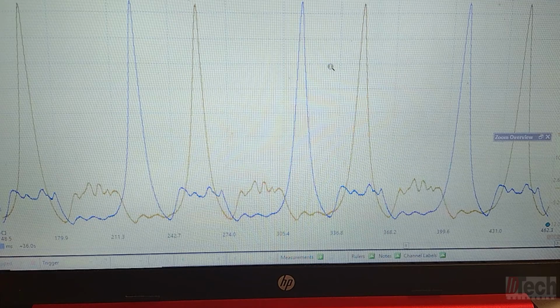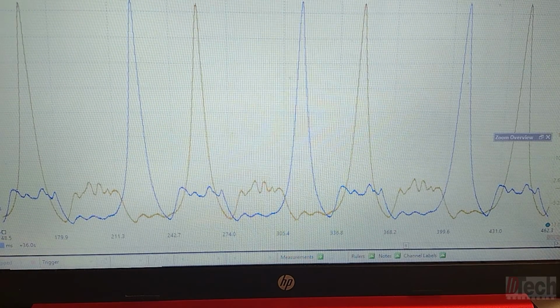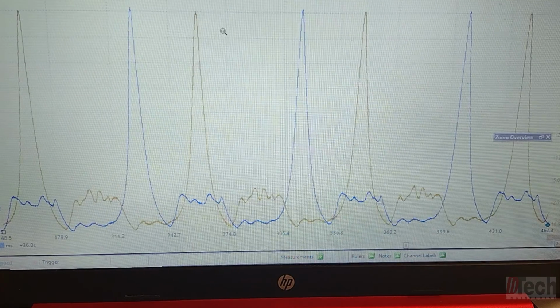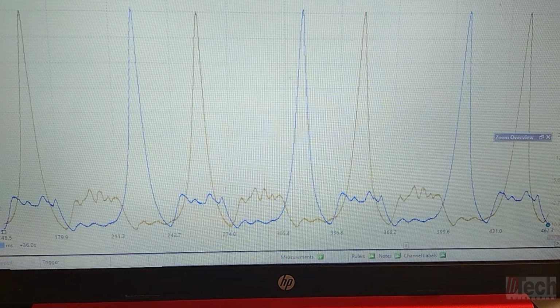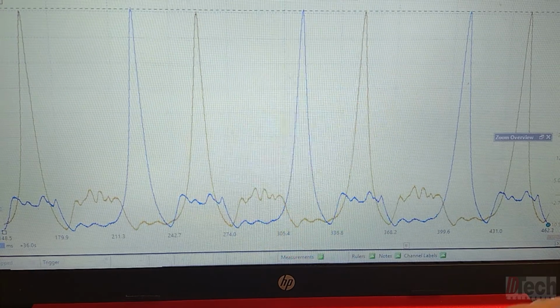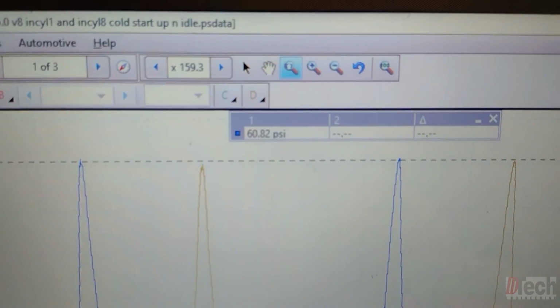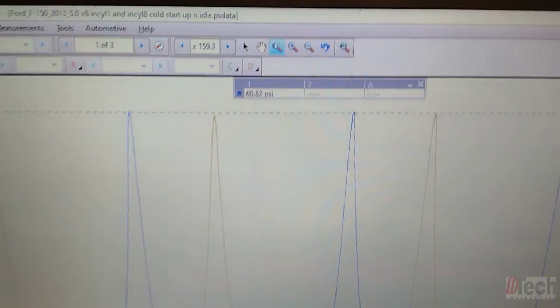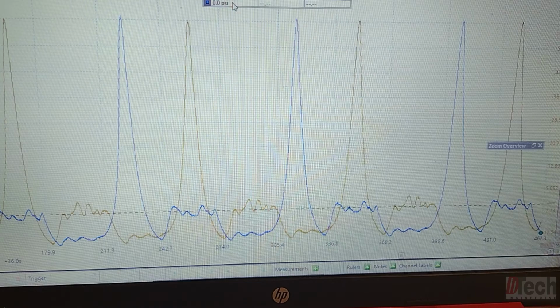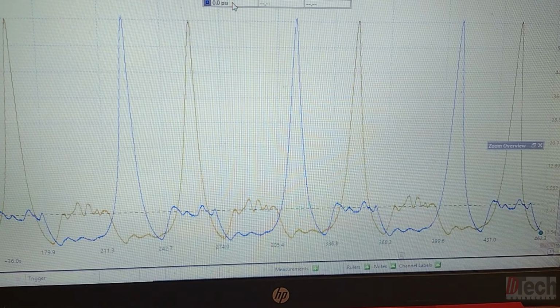If you look at both cylinders, they look pretty much similar. Even their levels of pressure seem to be pretty close. They're running at about 60 psi. Their 0 points are pretty much close as well.